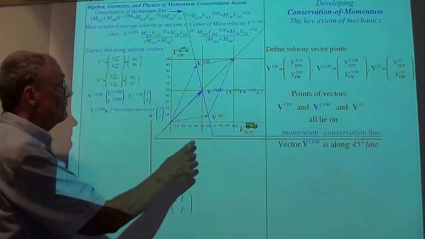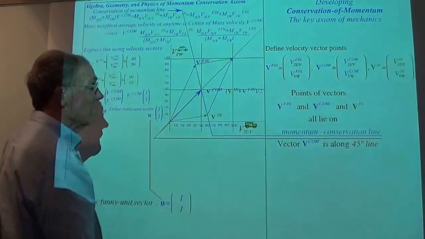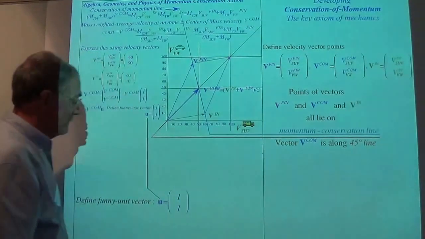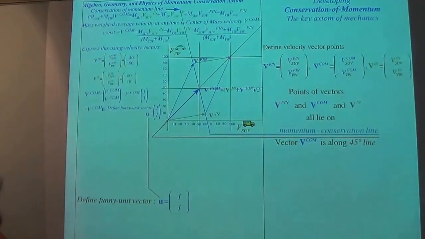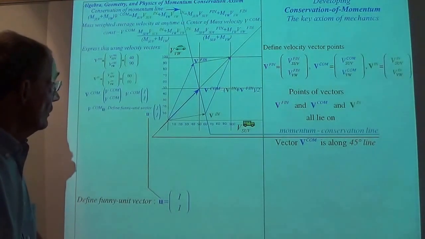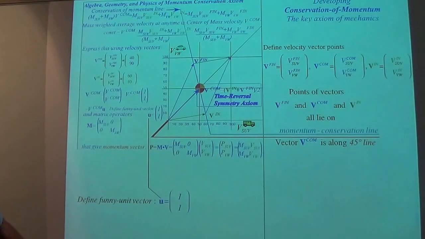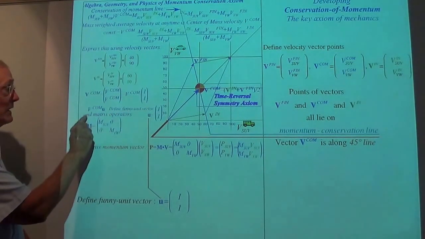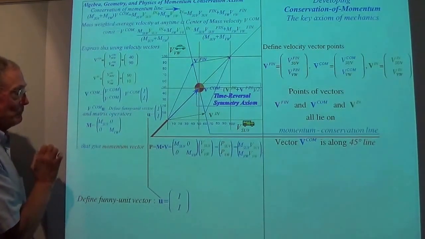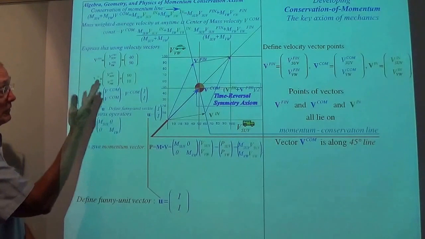So talking about this momentum conservation line, and we're talking about a vector right here along the 45-degree line. That's a vector that is some number, 50 in this case, times that vector u there, the funny unit. Now, I'm also going to define a mass matrix operator so that I can describe momentum.